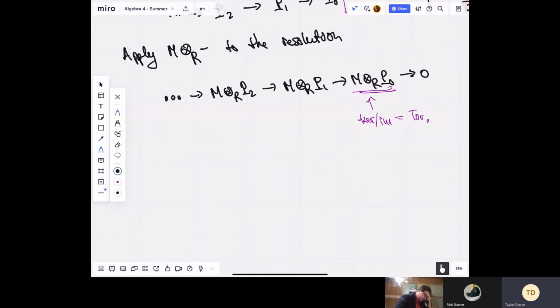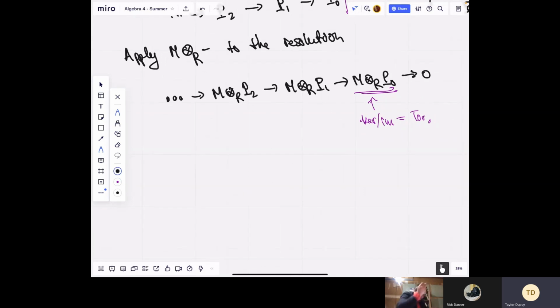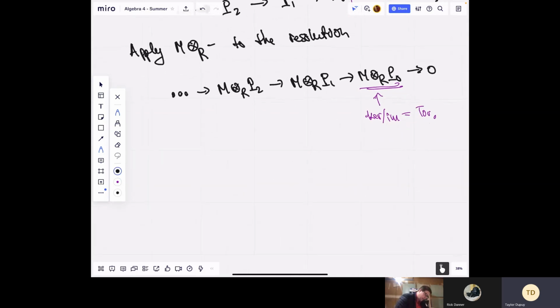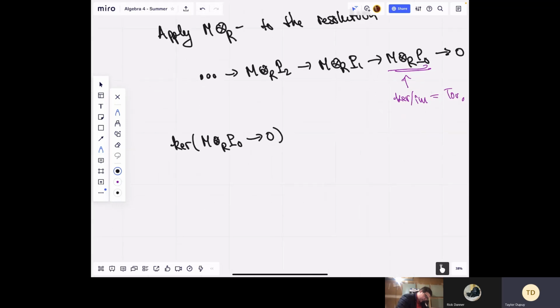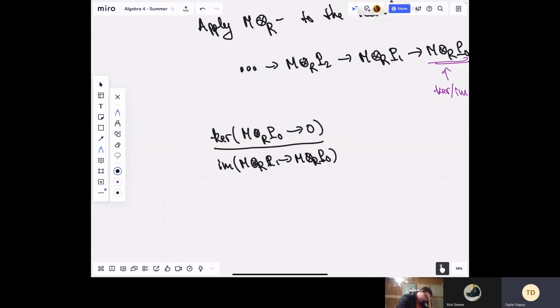So let me explicitly write that out. The kernel of M tensor over R with P0 to 0, mod the image of M tensor over R with P1 to M tensor over R with P0.